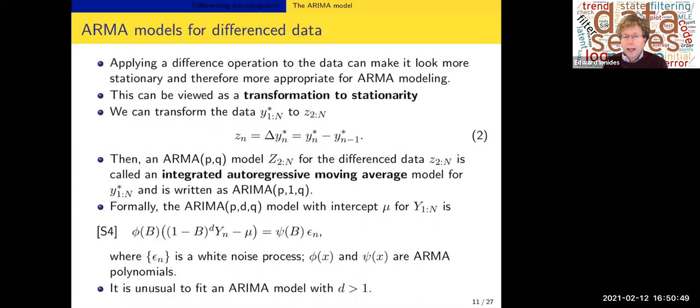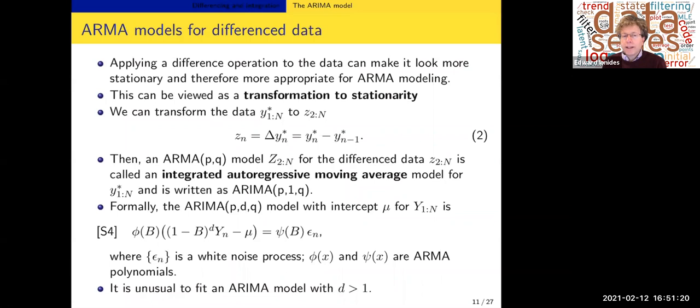So we have the Z_n, which is the difference of the Y_n. An ARMA model for the difference data is called an integrated ARMA model for the original data, and it's written as ARIMA. I is for integration, and we've taken a first difference, so it's ARIMA with a difference term of 1.